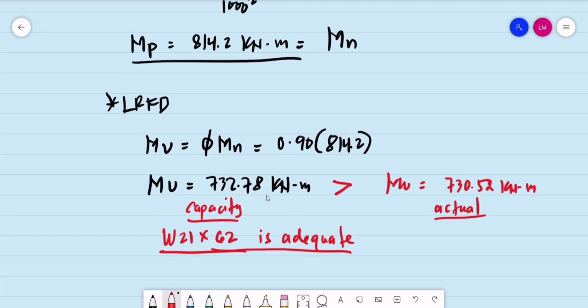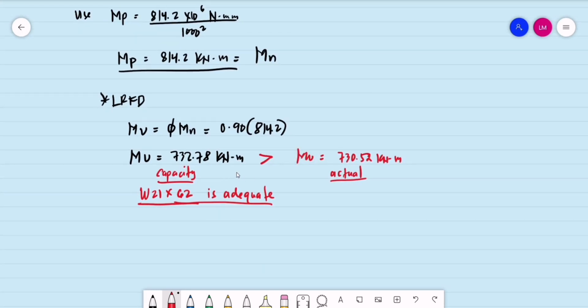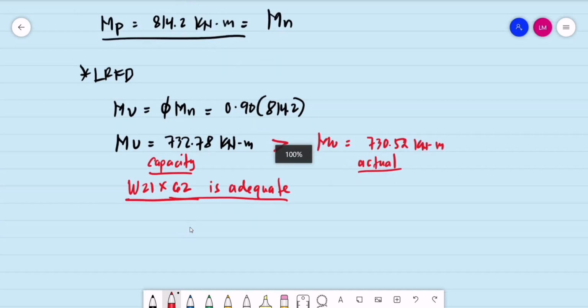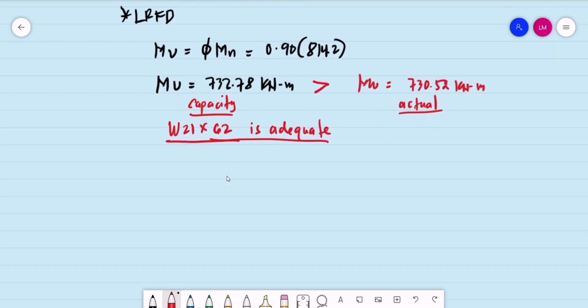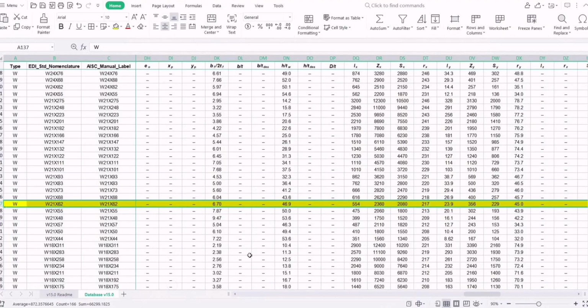So maybe if we are to encounter this situation, if we are to increase the factor of safety, maybe we can use a slightly larger section than W21 by 62. But again, W21 by 62 is adequate, but we can also recommend, or what is the next section after W21 by 62?